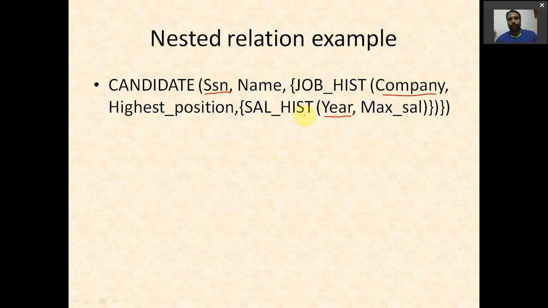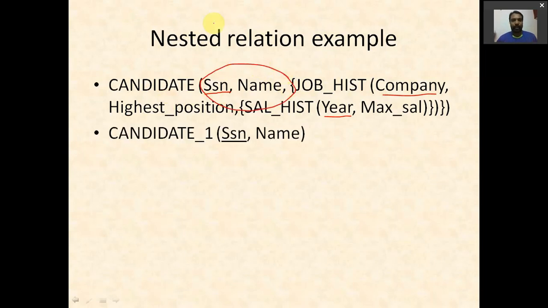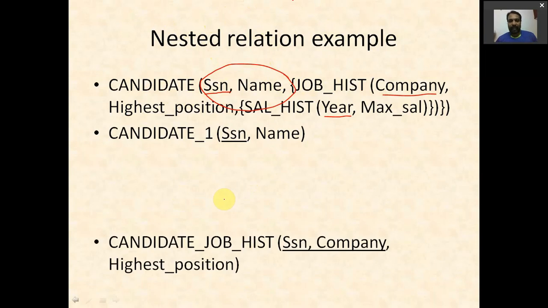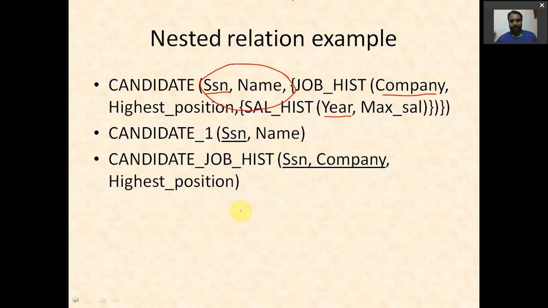So we should decompose it into three different relations. The first table will consist of SSN, comma, E name. We call it candidate 1. Then the second table will consist of company and highest position, and also we have to include the primary key of the parent table.